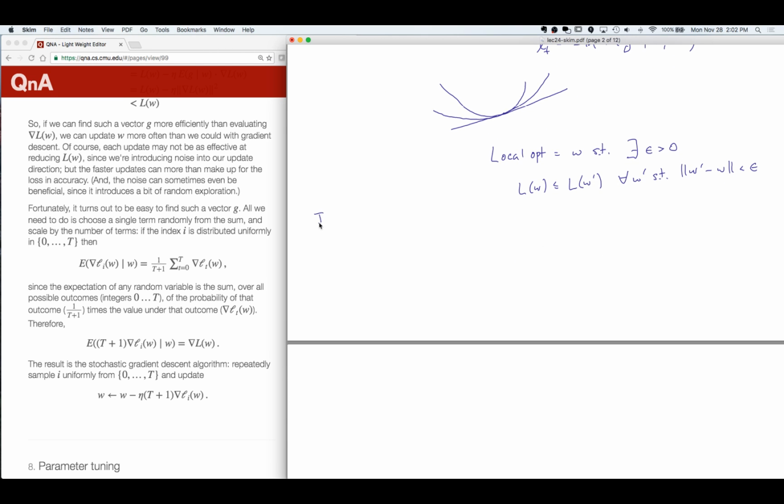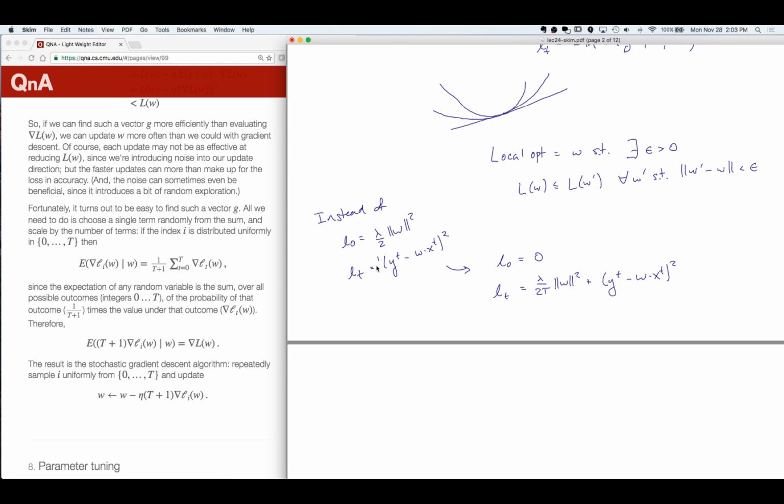So instead of L0 is equal to lambda over 2 norm of W squared and LT is equal to YT minus W dot XT squared, instead of that, we can do L0 is just the constant 0, and LT is equal to lambda over 2t norm of W squared plus YT minus W dot XT squared.